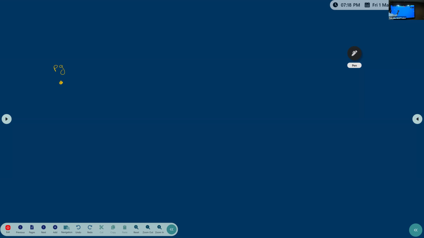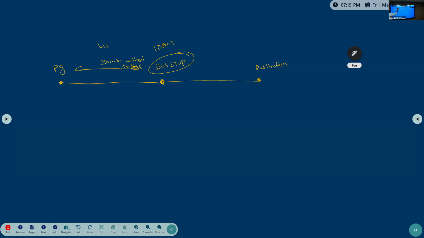From your PG, first where will you go? You will go to the bus stop, right? From that bus stop, based on your destination, you will go on. Now suppose the bus will come at the bus stop at 10 a.m. But from your PG to the bus stop, the time taken is 30 minutes without traffic, and with traffic, 40 minutes.